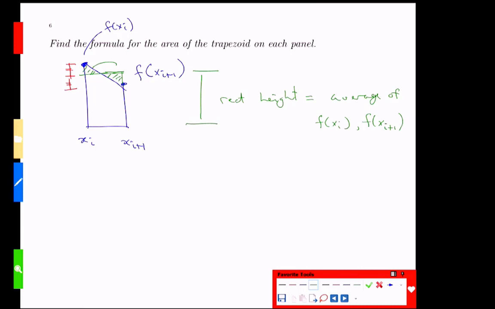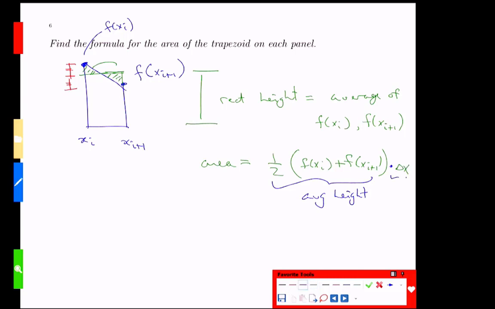That makes it really easy, because then our area is going to equal 1/2 those two things together. That's how I get an average. That part there is going to be our average height. And then we're going to multiply it by our delta x, same as last time, which is our width.